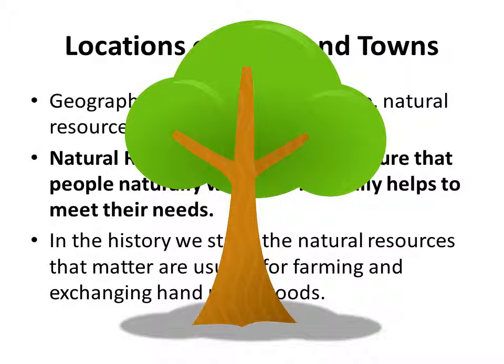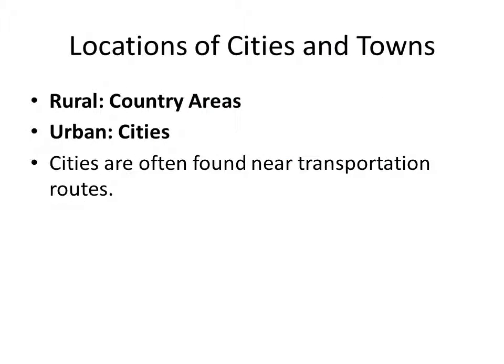So natural resources, trees, water. Again, there are two types of cities and towns. You can think of rural, which is country areas, where it's flat and you're producing a lot of crops, and the natural resources, so abundant water and plant life, for producing crops.